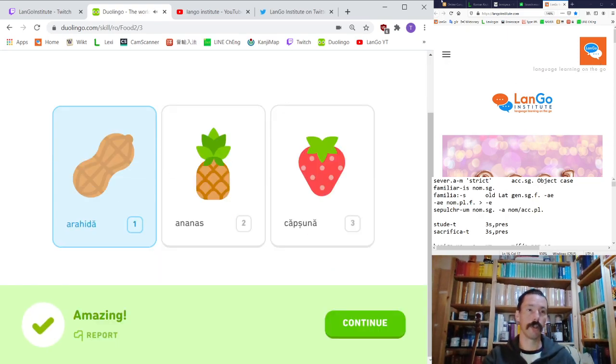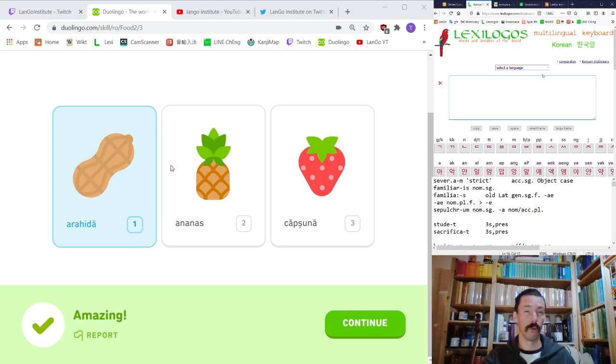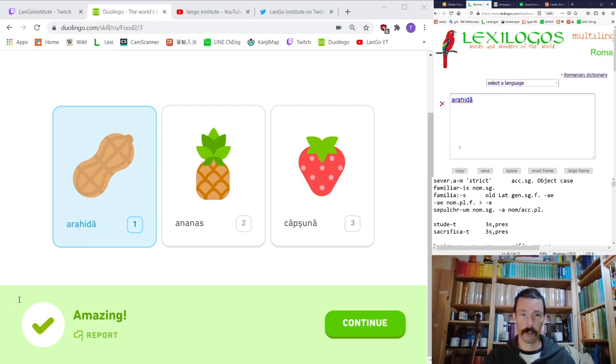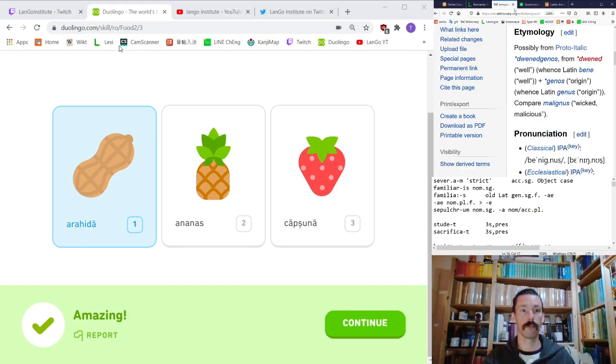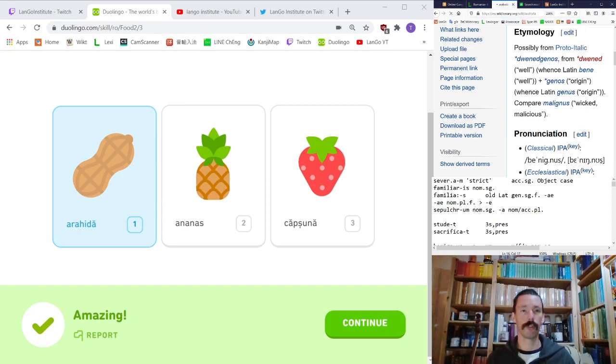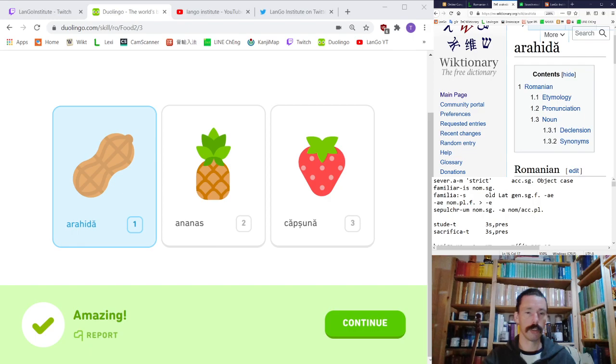That's fascinating. Okay, let me get my Romanian keyboard. And the form is arahidă. Okay. And let's zoom in a bit. Arahidă. See where that comes from. Might be helpful to remember and recognize this word.